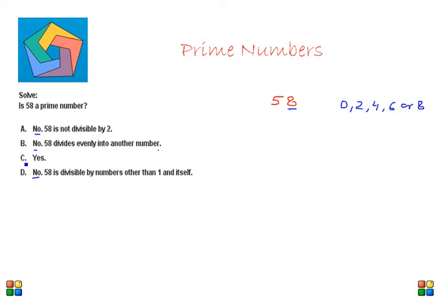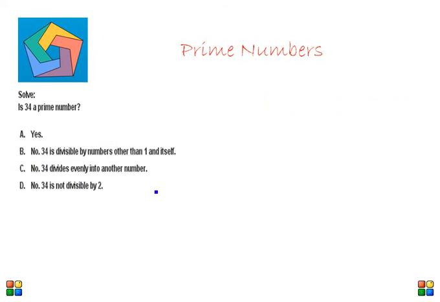C says yes, which is not the answer, because 58 is an even number and it is not a prime number. D says no, 58 is divisible by numbers other than 1 and itself. So according to the definition of a prime number, D should be the right answer. And here we go. So that was really easy.